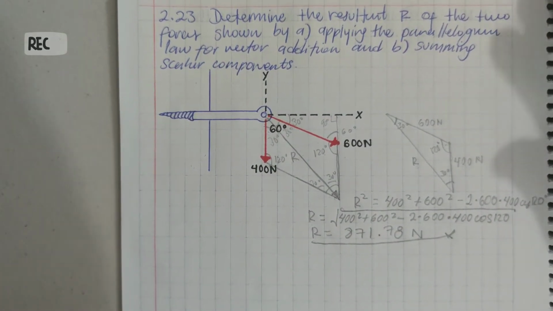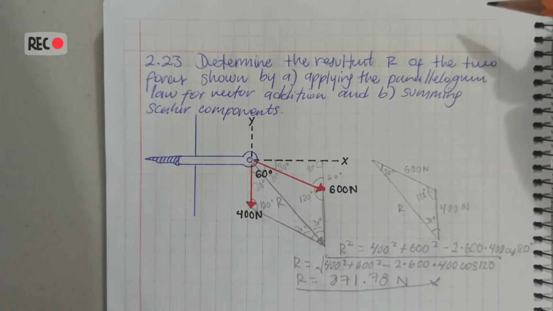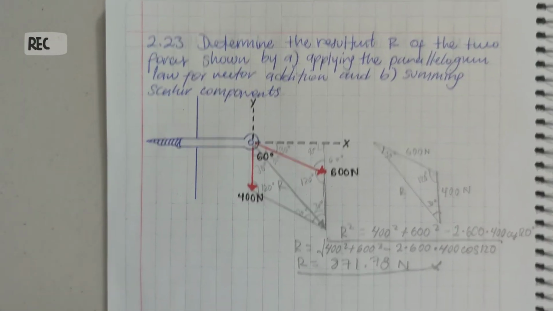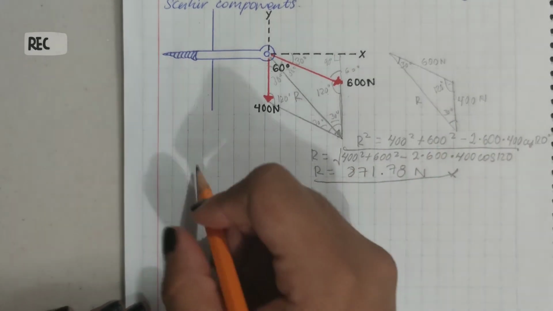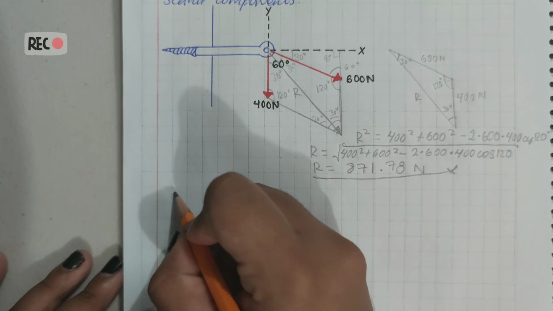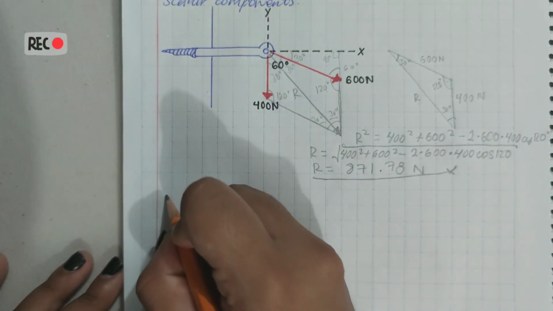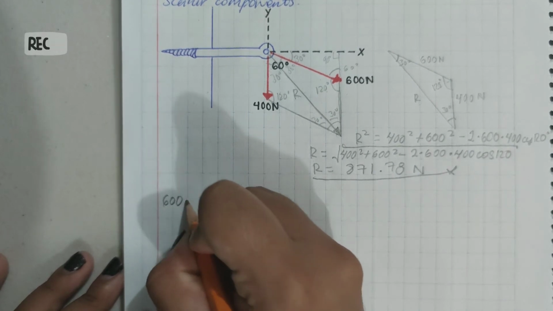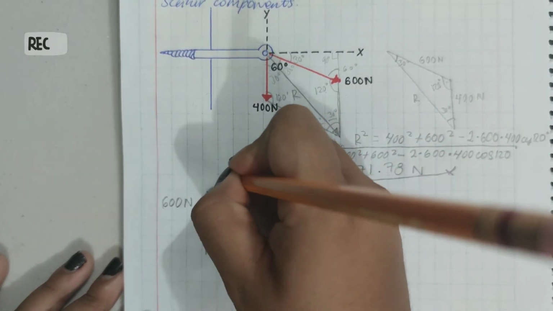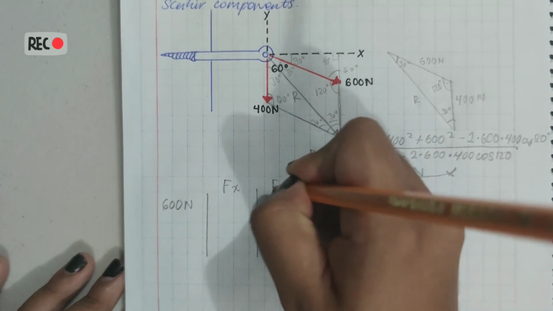And now for the second point of the exercise, we have to determine the resultant force R by summing the scalar components. For this, I want to draw a small table here to have the elements in order. So for the force of 600 newtons, we have the Fx component and the Fy component.